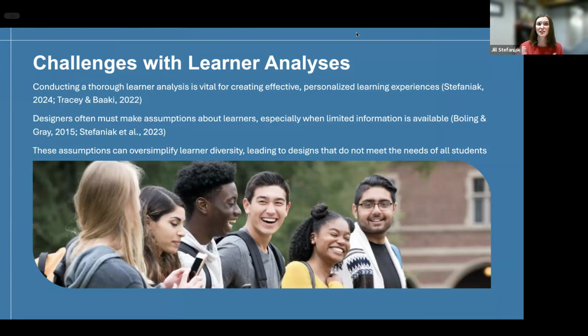And so it requires us to engage in conjecturing. This is where we have to start making assumptions about our learners, pulling in from the limited information we have available, and from our previous design precedent.